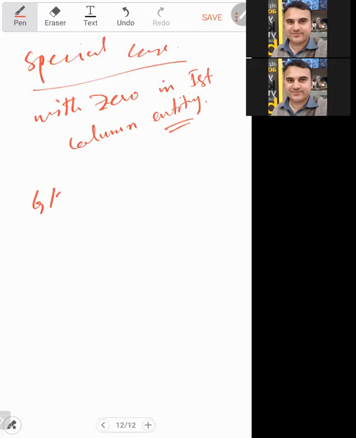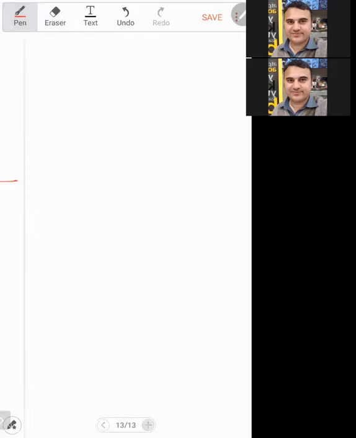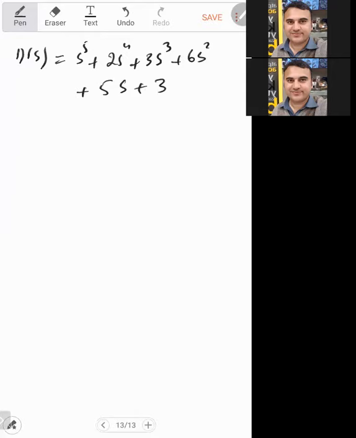The example is the transfer function G(s) equal to 10 divided by D(s), and D(s) is equal to s^5 plus 2s^4 plus 3s^3 plus 6s^2 plus 5s plus 3.